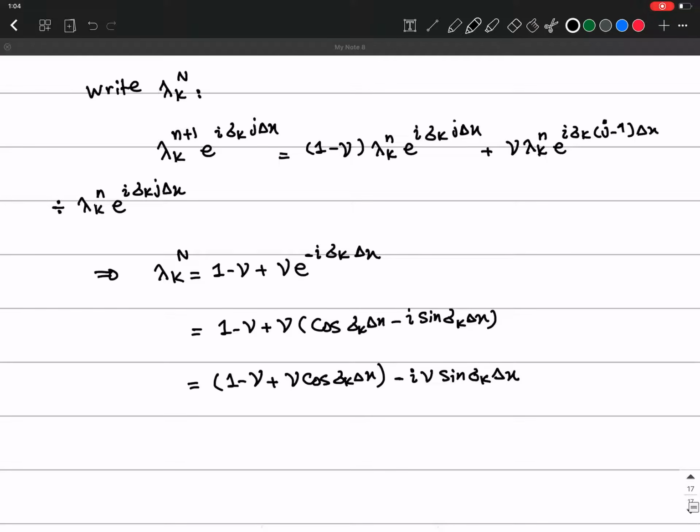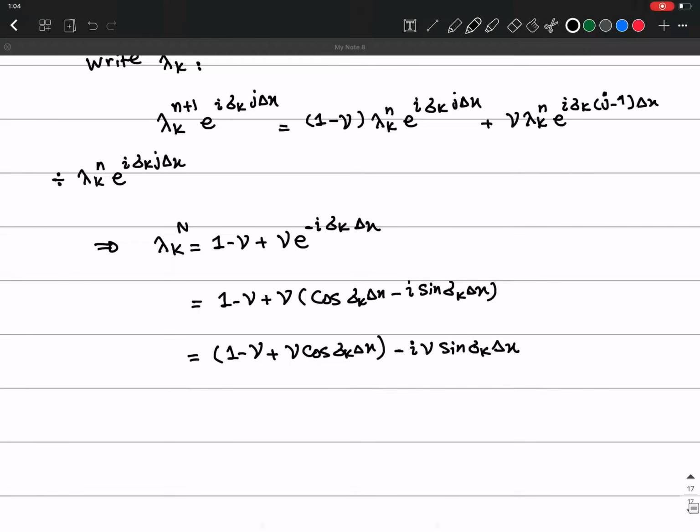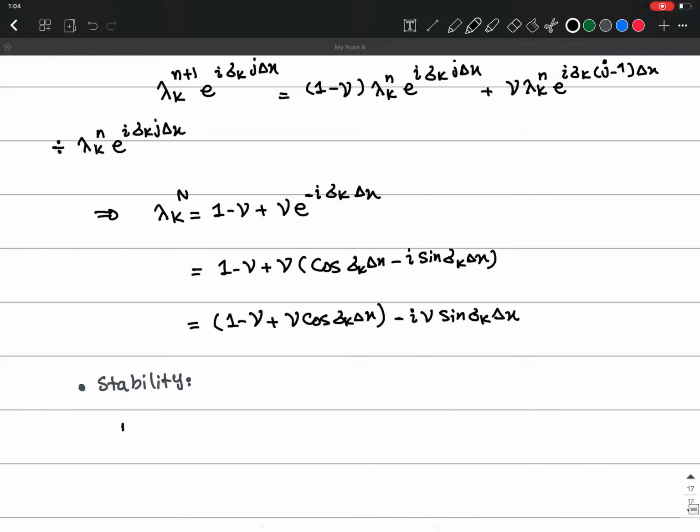Okay, so this is the numerical lambda, or amplification factor, and now stability can be assessed by using this specific criteria that the numerical lambda_k should be smaller or equal to 1.